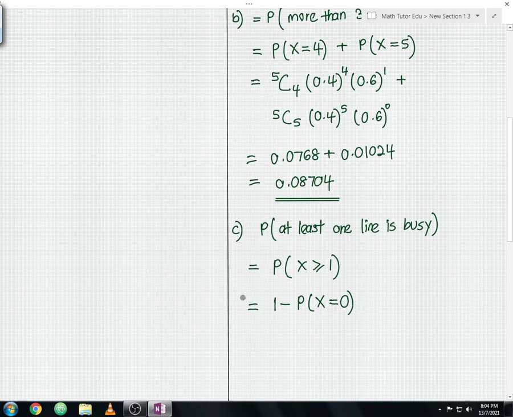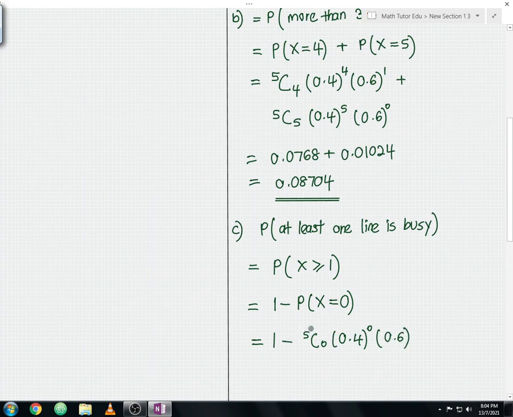So from here, 1 minus the probability X equals to 0. X equals to 0 will be 5C0. From the 5 trials, you find out that none of the telephone lines is busy, which is technically good, right? So from here, 0.4, which is the probability of success, is raised to the power 0. Then you include the probability of failure, which is 0.6.